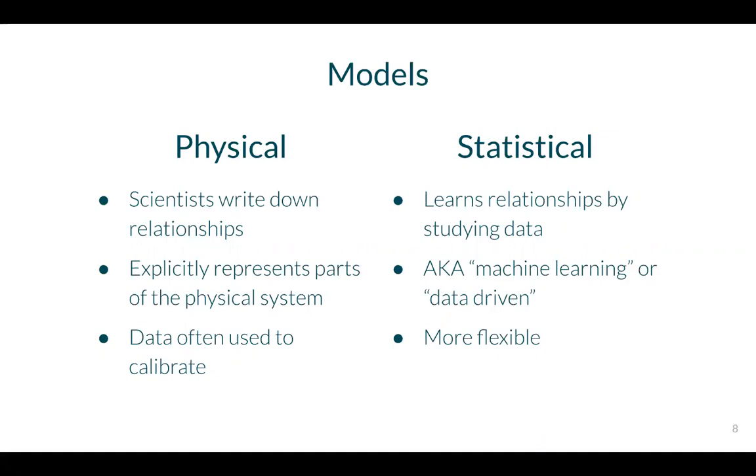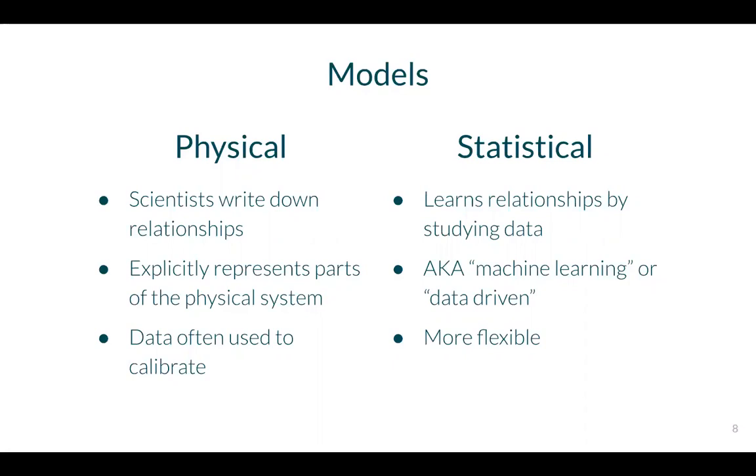But one really useful way to categorize and think about models is this distinction between physical and statistical models. So a physical model is a model where scientists have written down relationships. Another word for these would be equations. And then we build up the model by connecting many different equations.